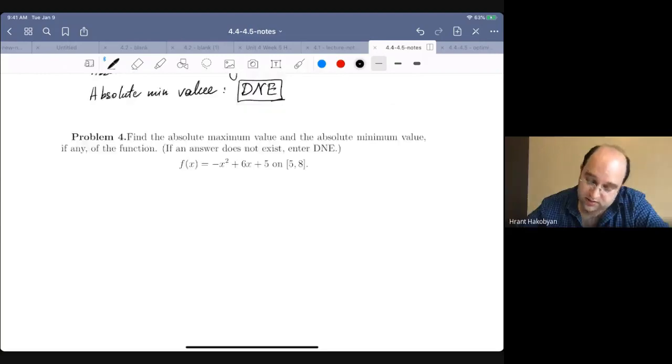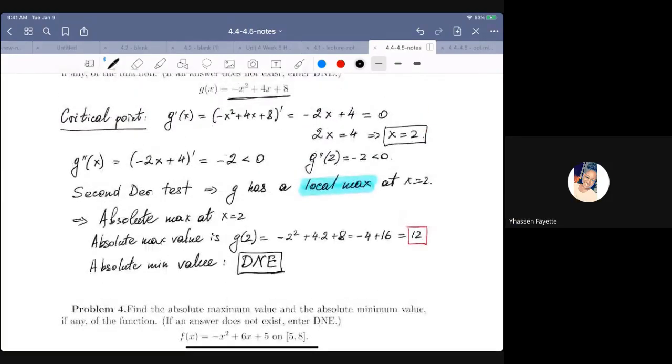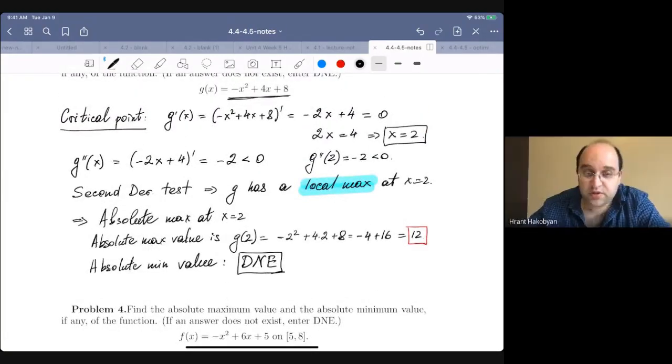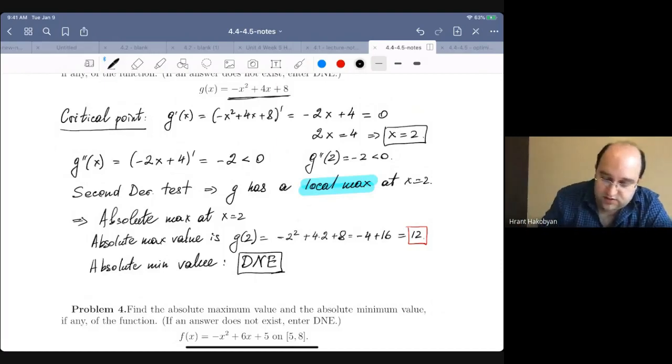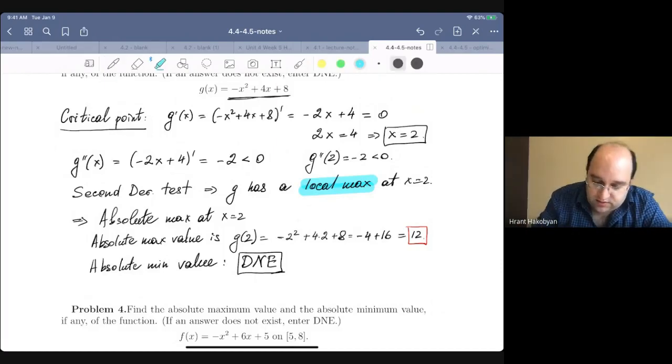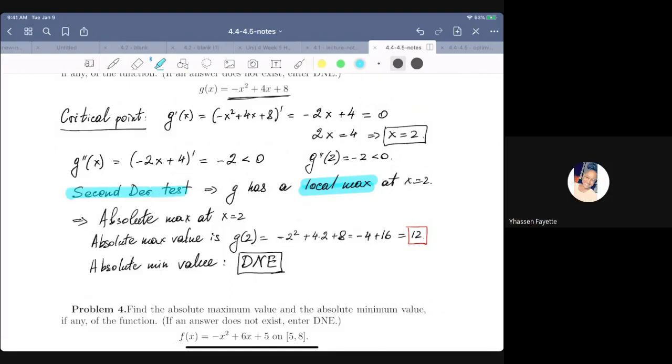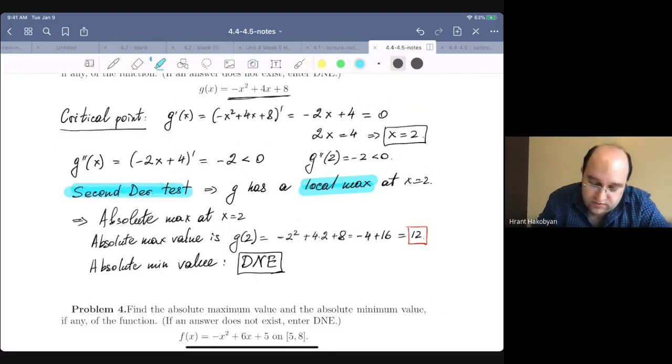Professor, why does the minimum value not exist? Because there is one critical point, and we know that it is a maximum. Why is it a maximum? It is because of the second derivative test. The second derivative test tells me that if the second derivative at that critical point is less than 0, then it has to be a maximum.